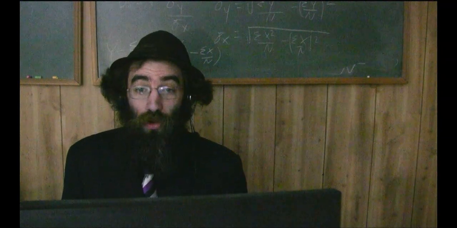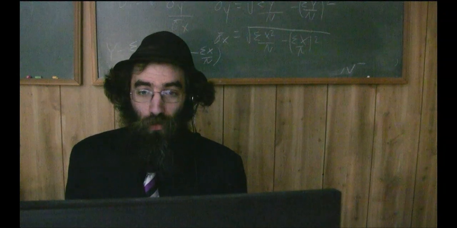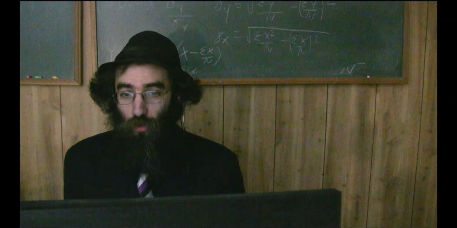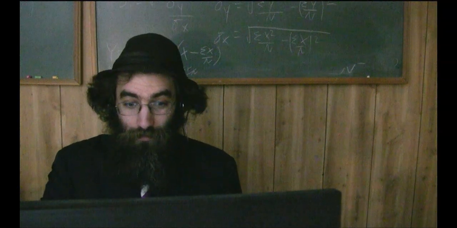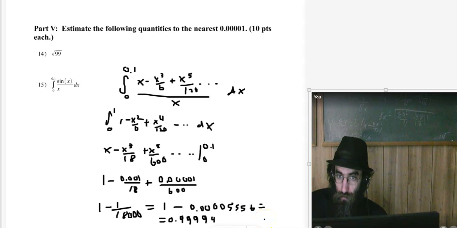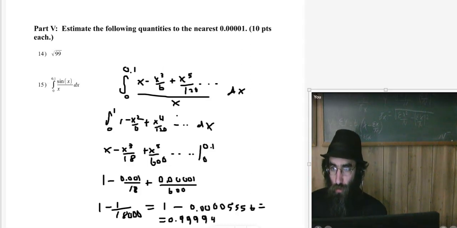It should have been 0.1 minus all that stuff. So the final answer shouldn't have been 0.99994. It should have been 0.09994. Naturally, I gave numbers like 0.1 and based it around 100, where you've got those powers of 10. That was deliberately chosen to be easy to do by hand.